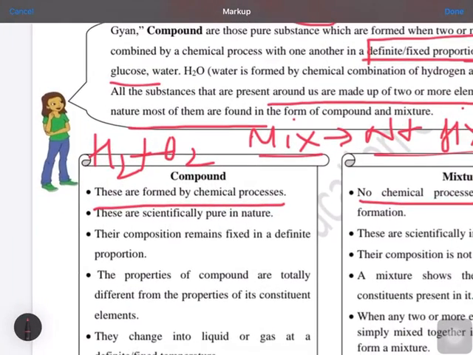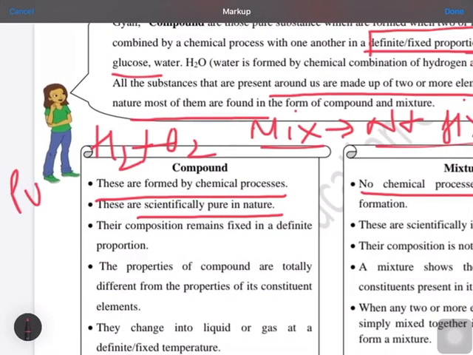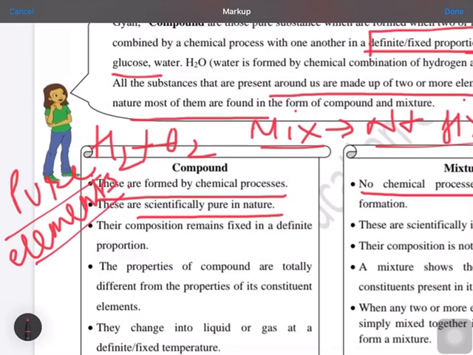When we talk of the scientific nature of the compound, they are pure in nature. Why is the word pure used in this case? When we say pure, it means that any compound will be pure in its elemental form. Elemental form means that it will have the exact number of the particular elements which have combined to form that particular compound.